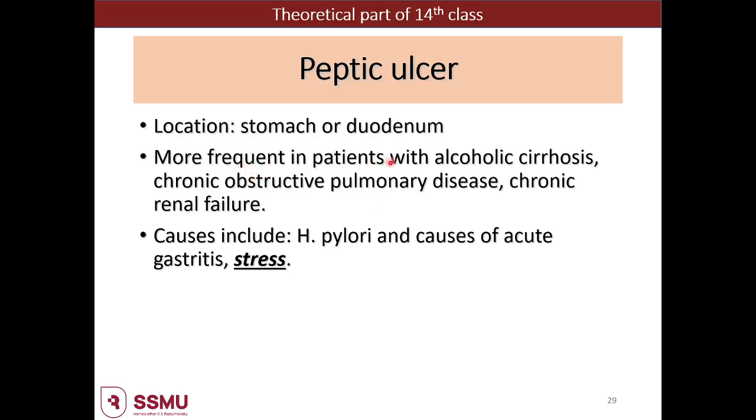It is more frequent in patients with alcohol cirrhosis, chronic obstructive pulmonary disease, chronic renal failure. All of these conditions are associated with dangerous chemical factors in alcohol here, hypoxic conditions here, and with accumulation of nitrogen products in case of renal failure.